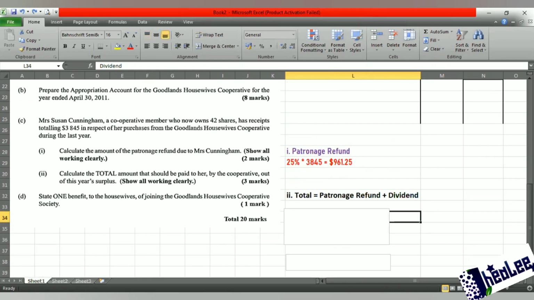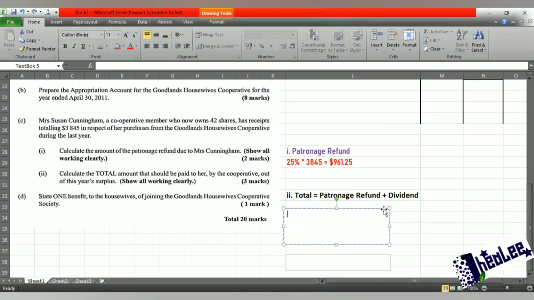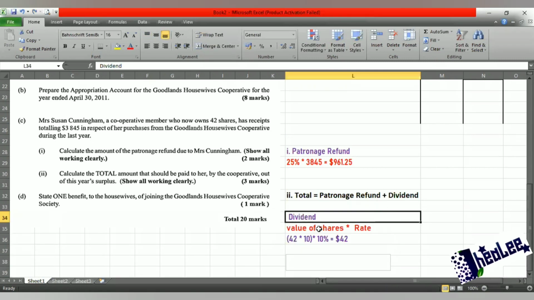So here we go with the calculation of the dividend. That's the number of shares, 42, times the price per share, which is $10, times the dividend rate of 10%, and that gives us $42. Now that we have calculated the dividend, we can ascertain the value that the business should pay out to Mrs. Susan Cunningham.